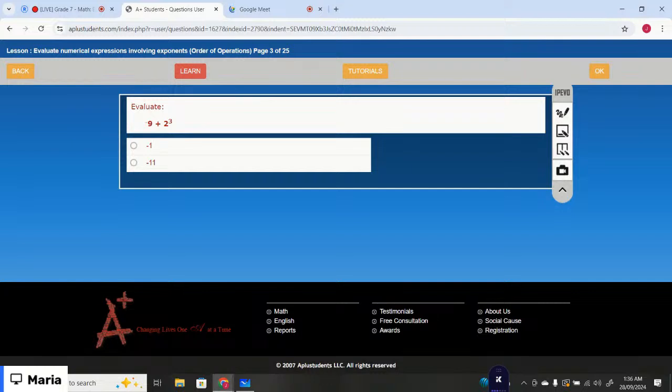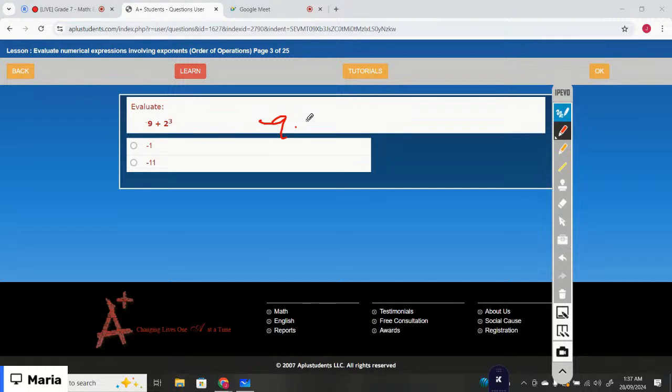Negative 9 plus 2 exponent cube. You need to evaluate 2 exponent cube. That means you have to do 2 times 2 times 2. 2 times 2 is 4, 4 times 2 is 8. So now you have to do negative 9 plus 8, which is negative 1.